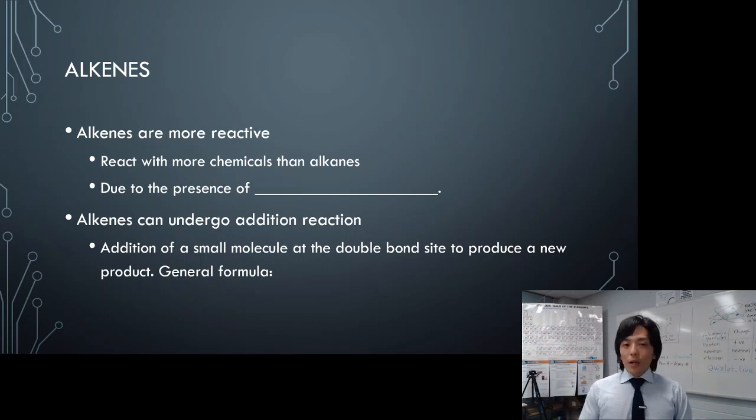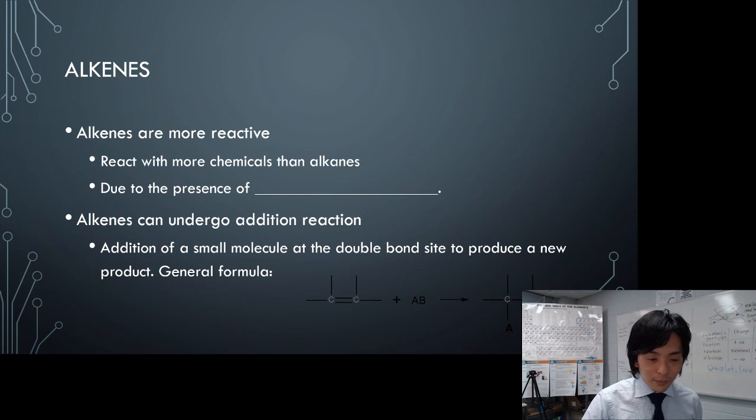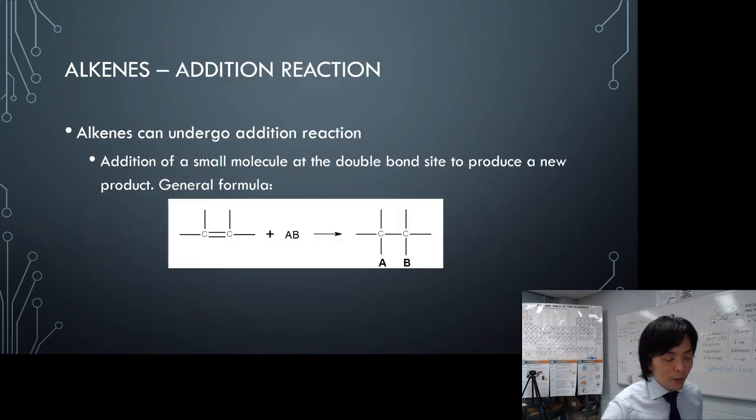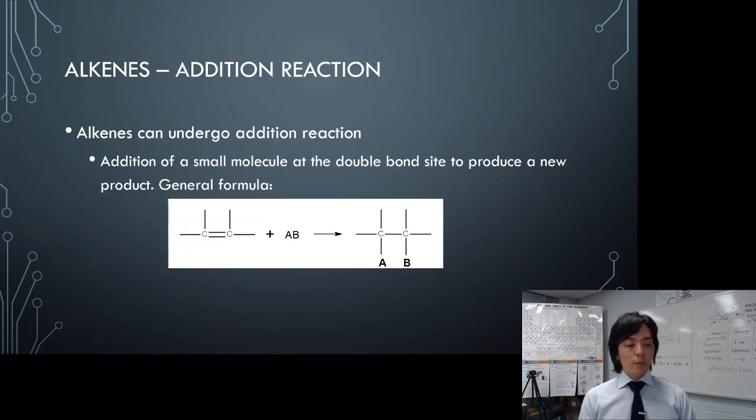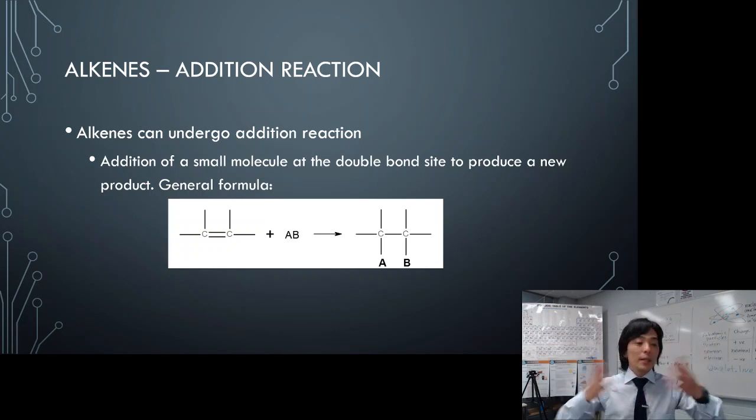Alkenes can undergo addition. What does it look like? There's a general formula, but it's kind of hidden. I thought I had a white background. Oh well, there we go. That's the white background one. Addition of small molecules, such as AB, can be attached, so if there were double bonds, one of them can break and grab onto something else. That's really what it is.